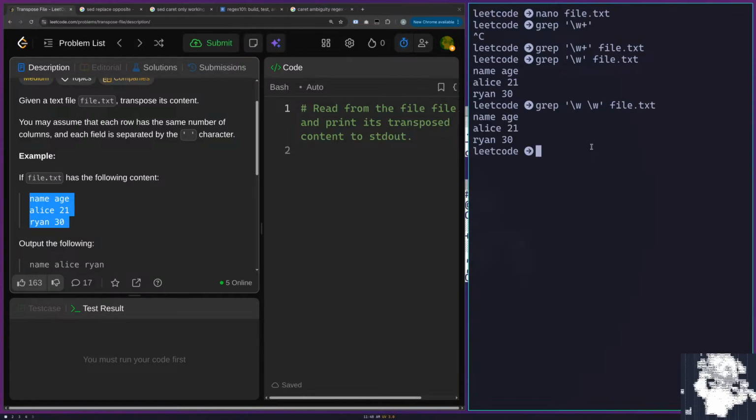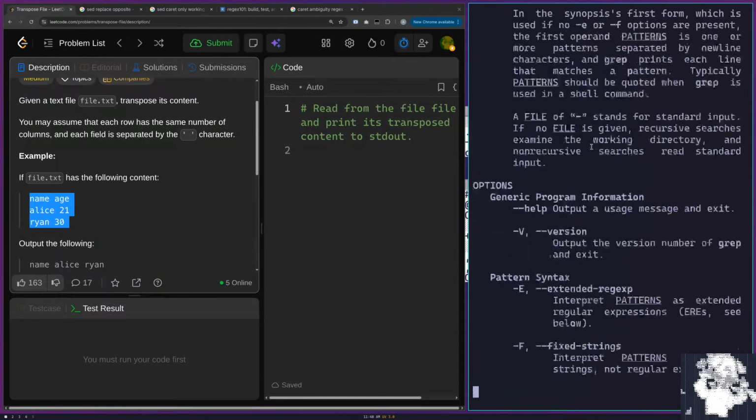I want to do something like give me the first word. So that's going to be like... grep always returns the whole line, right? Man grep.